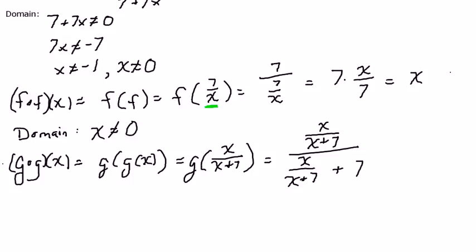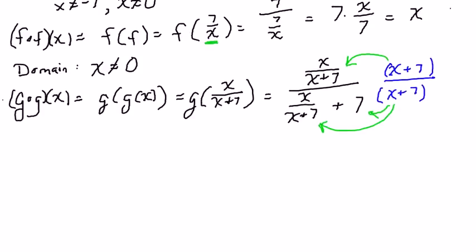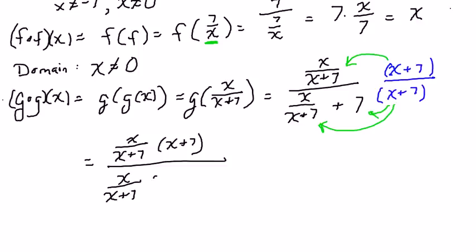We can go ahead and multiply each term by x plus 7 to simplify the complex fraction. So each term multiplies by x plus 7, all three terms. So we have x over x plus 7 times x plus 7, x over x plus 7 in the denominator times x plus 7, plus 7 times x plus 7.